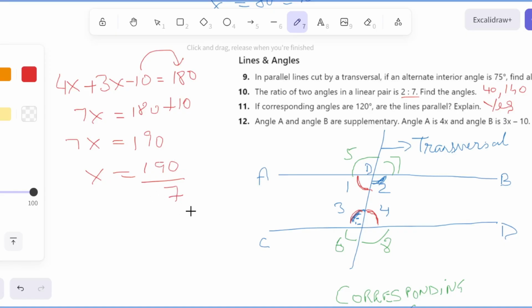So once you get the value of x, you can just multiply each angle. Like 4x means whatever the value of x comes out to be, multiply that with 4. And similarly, 3x minus 10. Let us assume that x would have come out to be 20. So what we would have done is we would have multiplied 4 with 20, and one angle would have been 80, and the other angle 3x minus 10, so 3 times 20 minus 10, so 60 minus 10, 70.